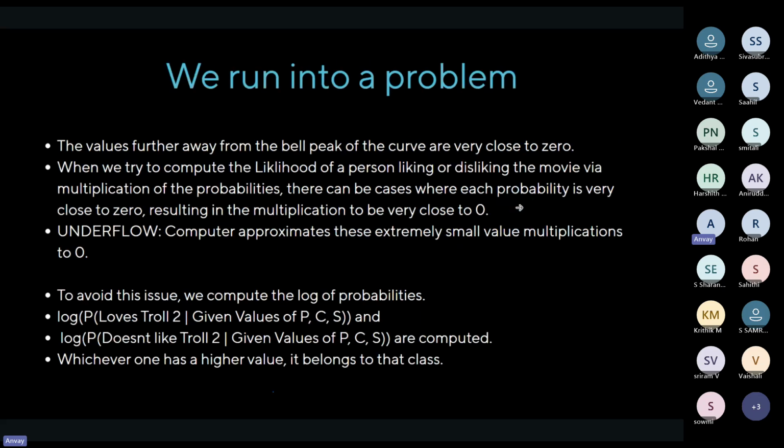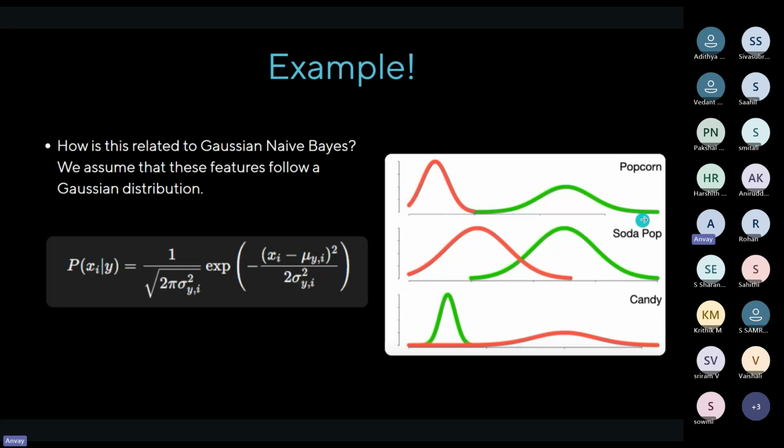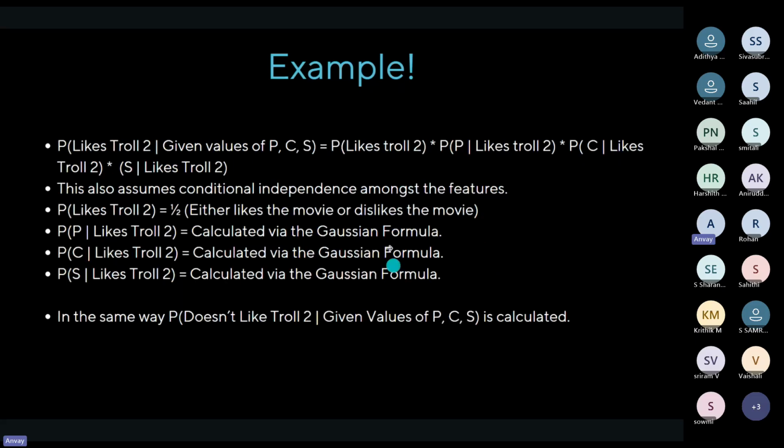See, what happens is when we try to find the probability of, say, some popcorn value here, it's very, very close to zero. Similarly, if you want to find the probability of a candy value here, it's very, very close to zero. So when you do all of these multiplications to find this probability, you're multiplying something very close to zero times something very close to zero times something very close to zero.